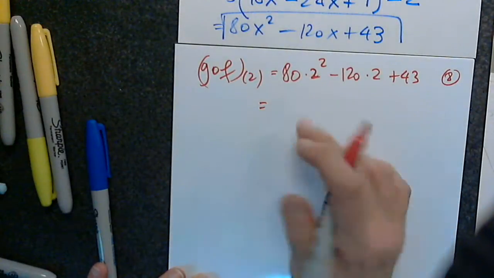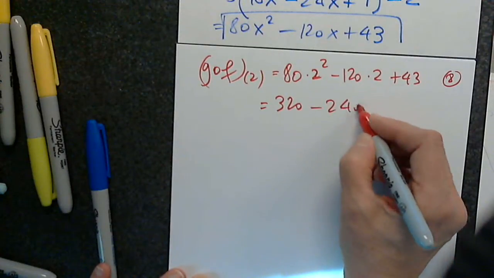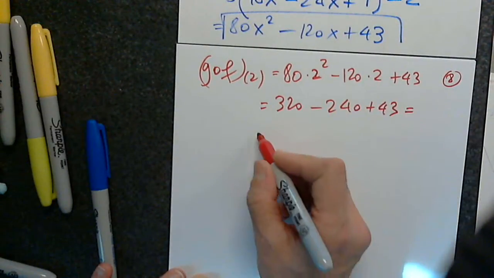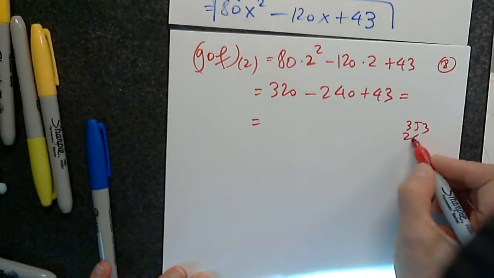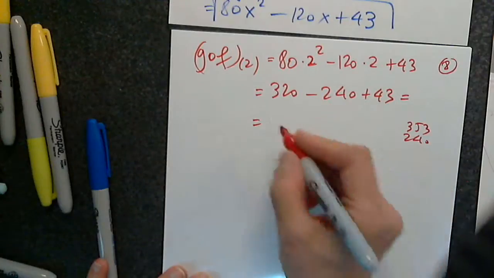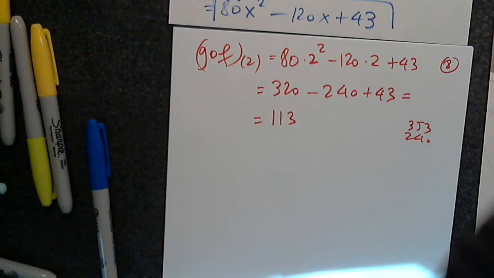So 4 times 80 is 320, minus 240 and plus 43. So these two will be 363 and 240. I got 113. Correct me if I'm wrong. This is the way we determine the function composition.